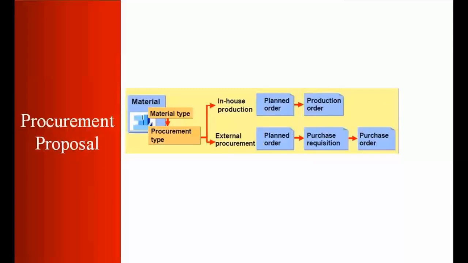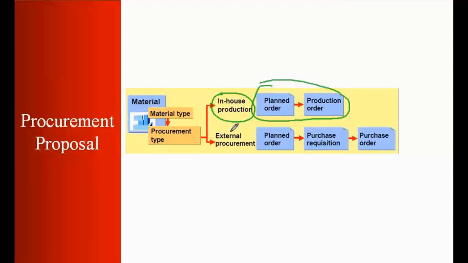Now we have seen previously that if your material is, say, in-house production that you can set up in the material master, in that case system will generate plan orders, and from the plan orders the production order will be created. Okay, so that's covered in in-house production.